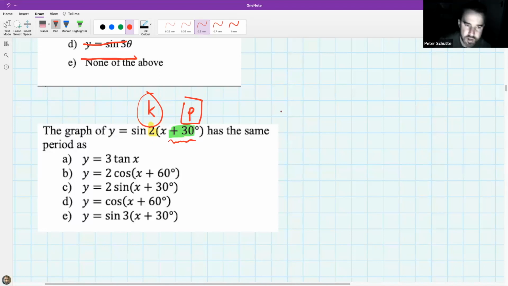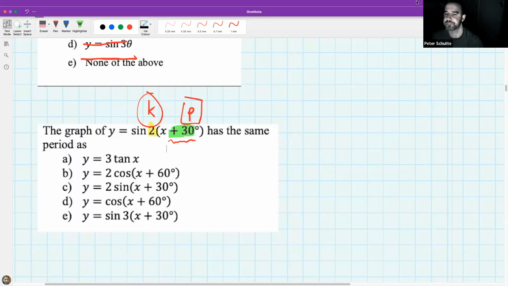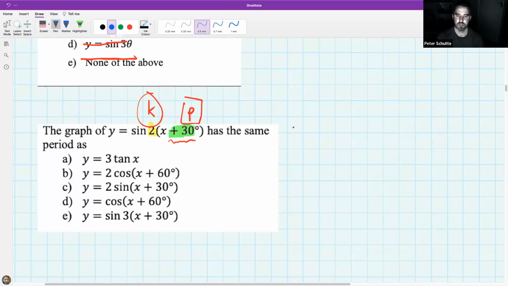Now, you have to find the period of this graph and match it to another graph here that has the same period. And so I want to see if you can do that. So I suppose we should work out the period of this graph first.